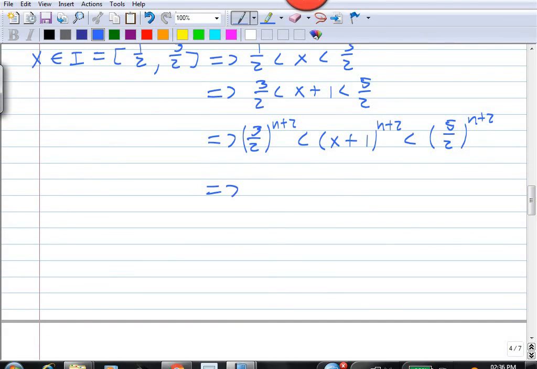So if we look at 1 over (x plus 1) to the n plus 2, that's going to be less than or equal to 1 over (3 over 2) to the n plus 2.